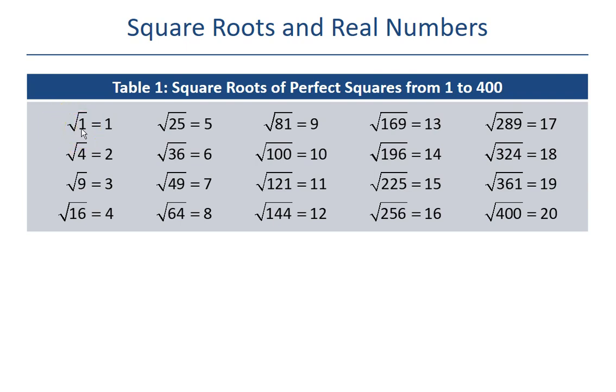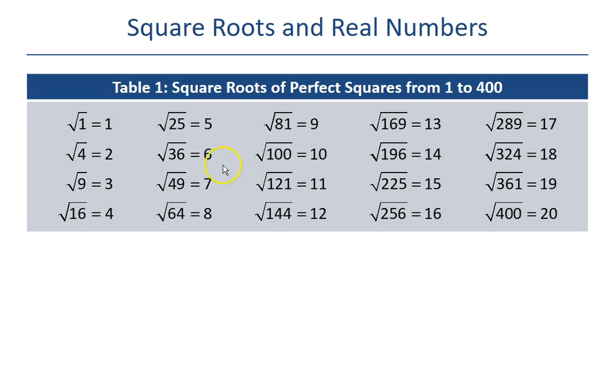And notice that all of these are perfect squares. 1, 4, 9, 16, 25, 36, 49, 64, 81, 100, 121, 144, and so on and so forth. Now, you may know a few of these, but others, when they get the bigger numbers, you may not recognize them. But I don't know, is this something you'd like to put into your notes?